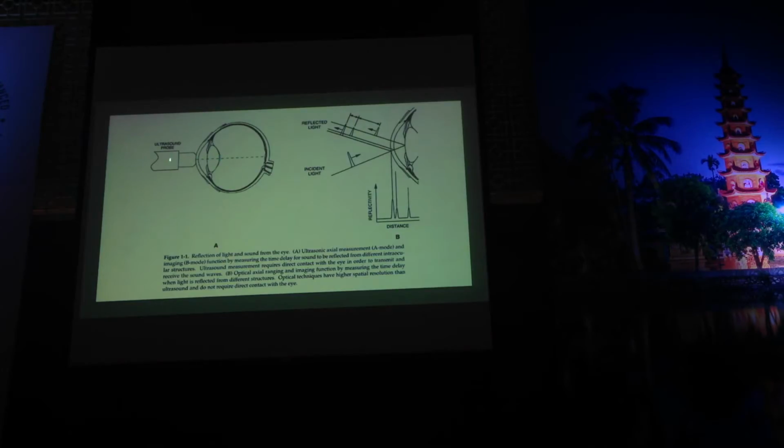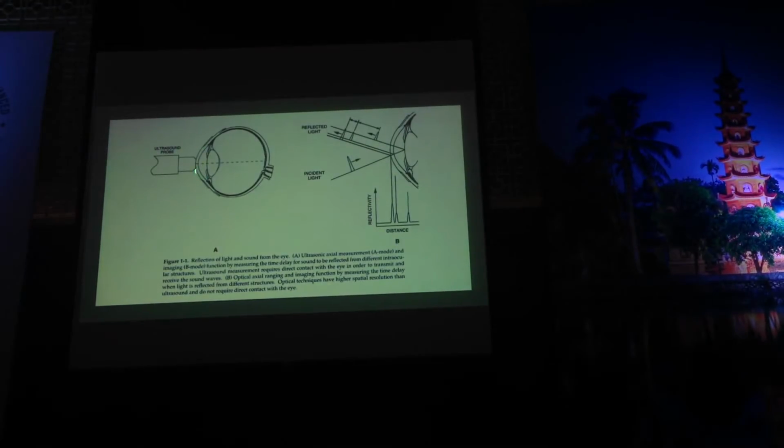Here's the ultrasound, right? You have to put the probe on the cornea, or on the eyelid if you let the patient close their eyelids, and then the sound is reflected back, and you detect it at the same probe. Here's the OCT. You just shine the incident light into the eye.